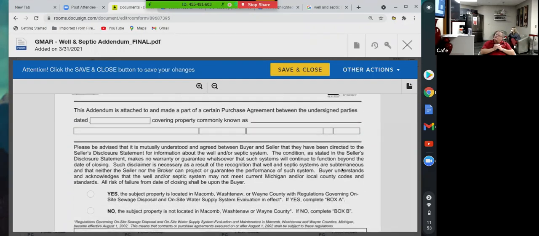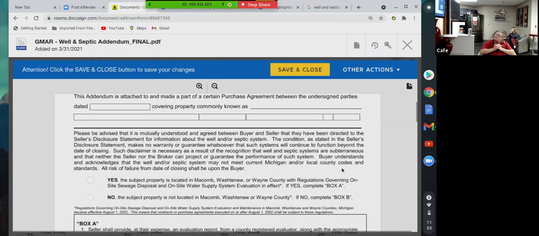All right. See where it says, yes, the subject property is located in Macomb, Washington, or Wayne County with regulations governing on-site disposal and on-site water supply evaluation.